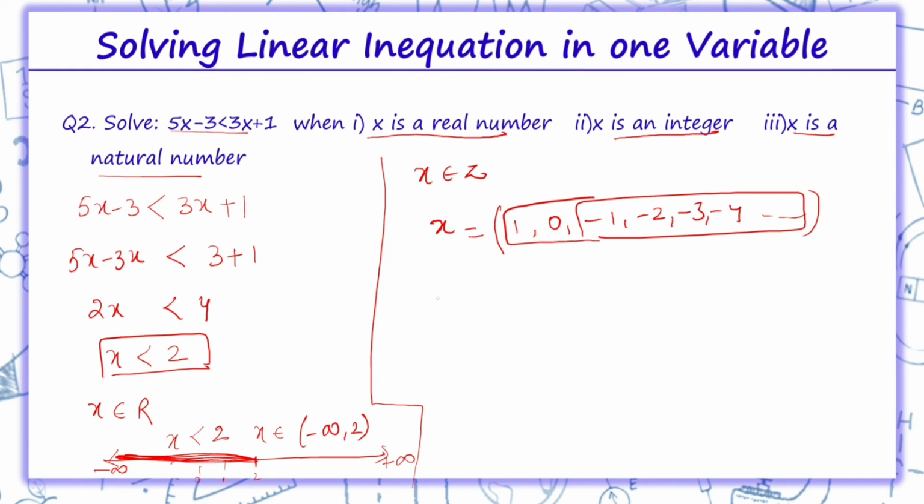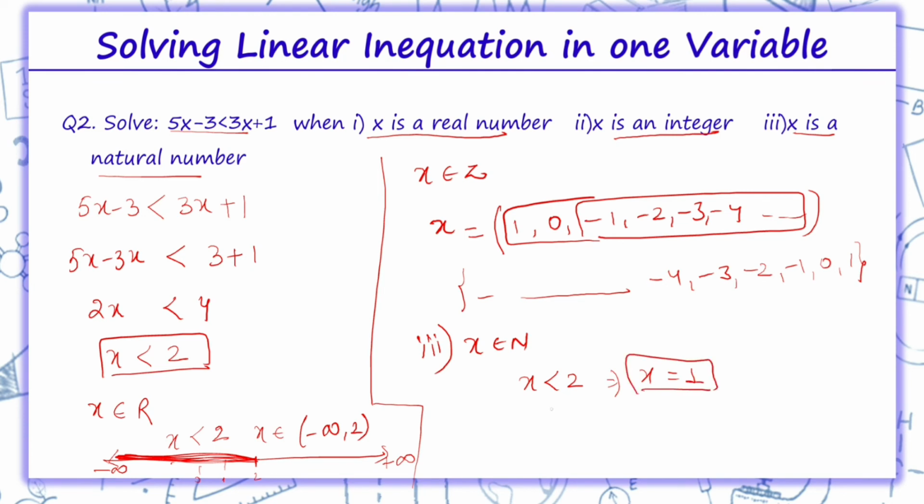Thus the solution set will be minus 4, minus 3, minus 2, minus 1, 0, 1. Coming on to the third part, when x belongs to natural numbers, since x is smaller than 2, x will be only 1 because 1 is a natural number. So its solution set will be 1.